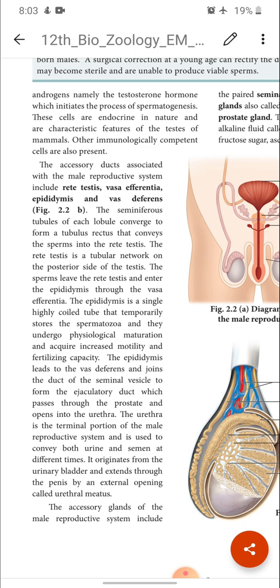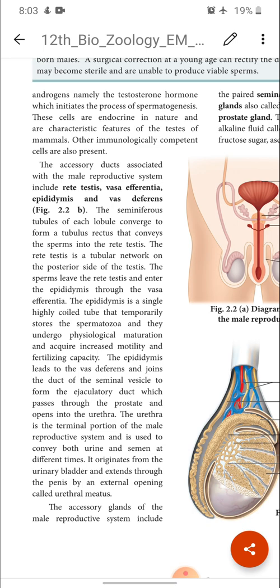So the seminiferous tubule is the place where sperm production takes place. Few seminiferous tubules converge, that is, join together, to form the tubulus rectus. This tubulus rectus conveys the sperm from the seminiferous tubule into the rete testis. Okay, children, so the seminiferous tubules join to form a tubulus rectus, and the tubulus rectus enters the rete testis, so that it passes the sperm from the seminiferous tubule into the rete testis.